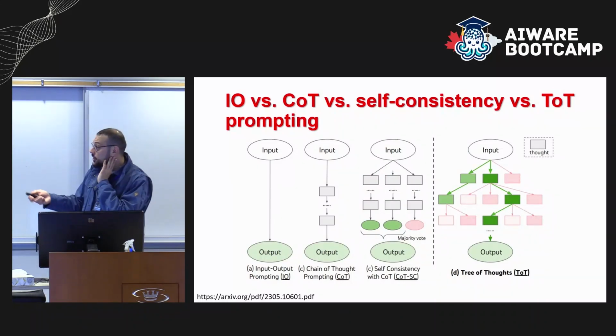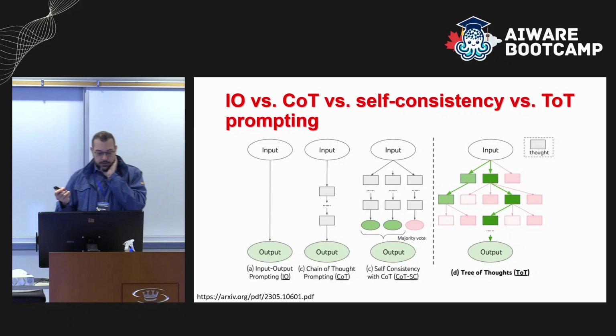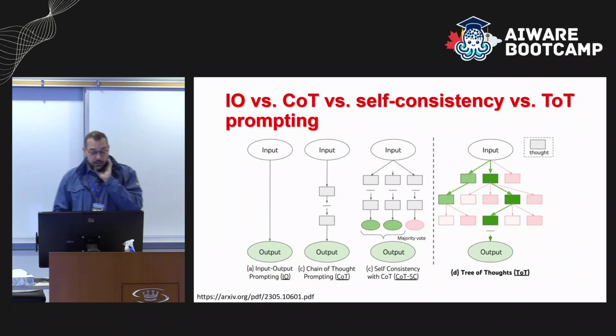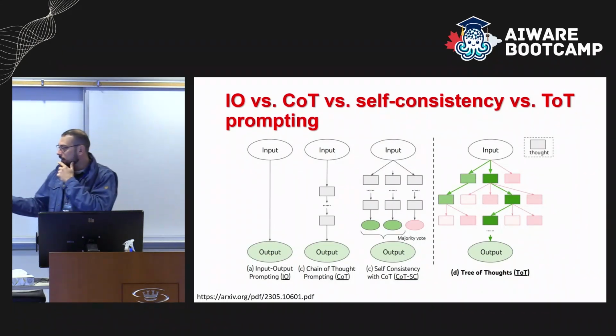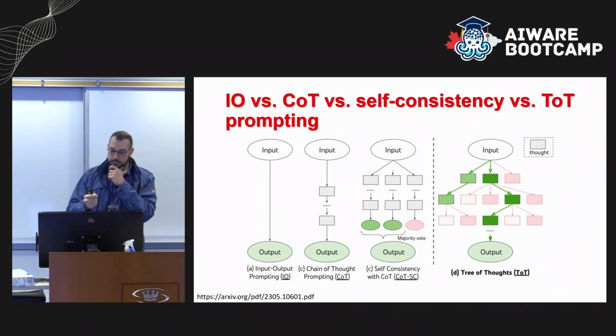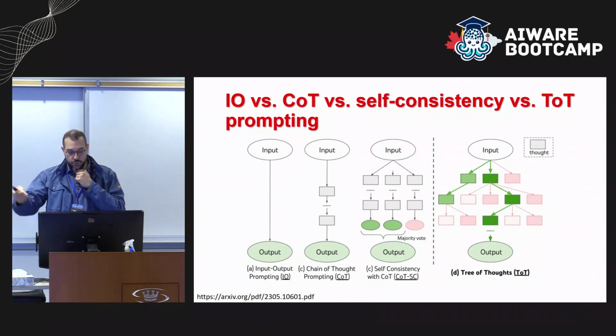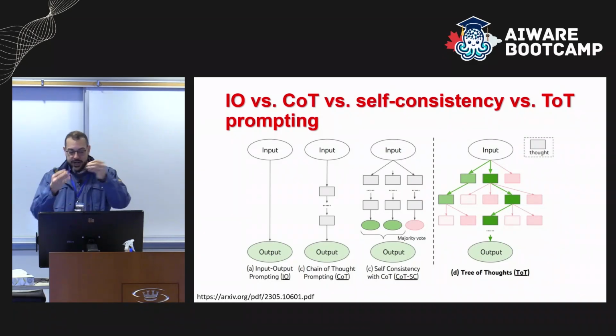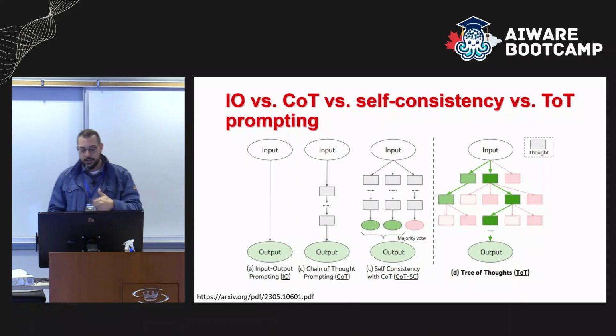And here, finally, just to wrap this up, the difference between direct input-output, chain of thought, self-consistency, and the tree of thought is illustrated here, okay? So direct input-output, the leftmost figure, you're just instructing the model to reply to you for a certain question, okay? Chain of thought, you break down, but you have just one path, one reasoning path.